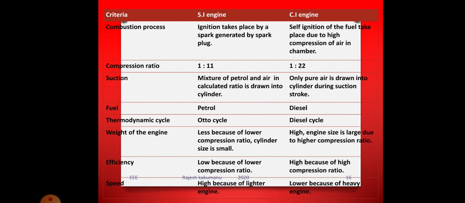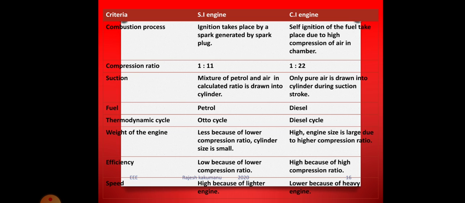Whereas coming to the CI engines, the efficiency is high because of the higher compression ratio. Next, speed. Coming to the speed, in SI engines it is high. The speed is high because of the lightweight construction of the engine.